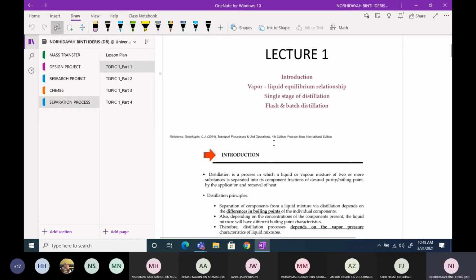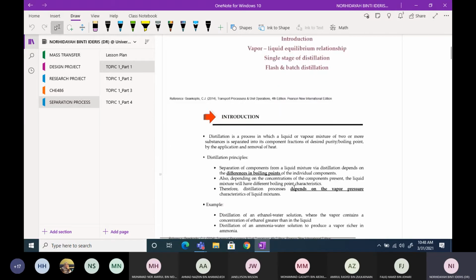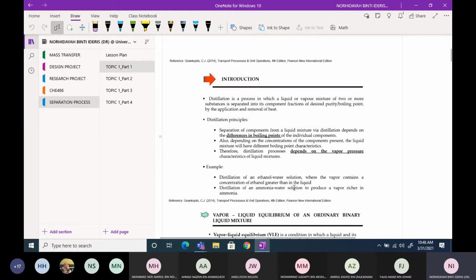So for an introduction, I think semua kat sini faham kan the concept of a distillation column. Okay, this is a process in which liquid, maksudnya kalau you have the column, akan masuk is bentuk of liquid form. Alright, so this is the definition. Alright, it's separated into its component fraction.